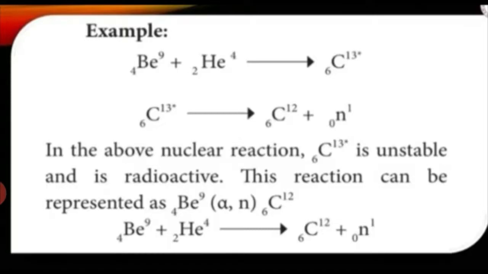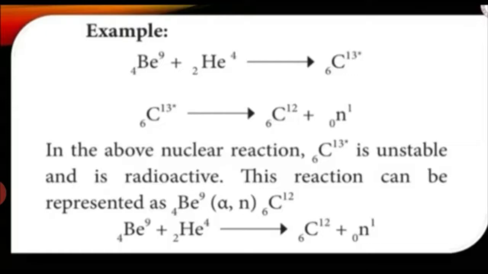6C13. C means carbon. Actually, what happens in the above nuclear reactions? 6C13 is unstable and is radioactive. So this reaction can be represented as 4Be9 plus 2He4, which gives 6C12 plus 0n1.